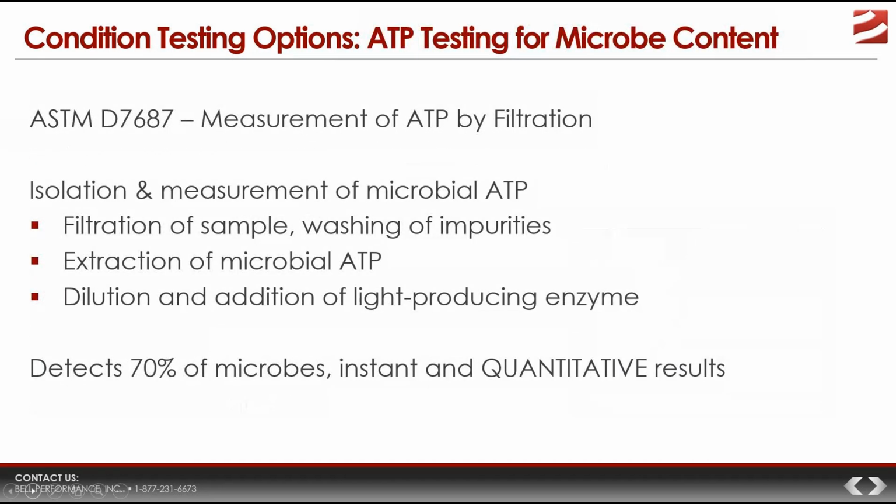So, last ones, ATP tests. This is the one that we are most concerned with, ATP testing. This corresponds with ASTM D7687, measurement of cellular ATP in fuel and water with sample concentration by filtration. Now, ATP testing itself was developed in the 1950s.